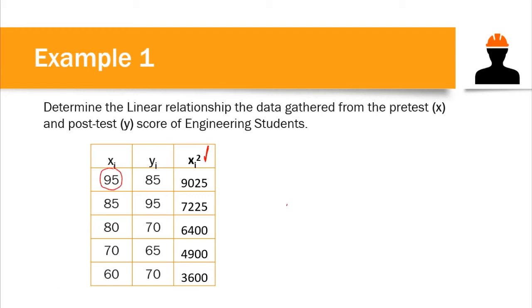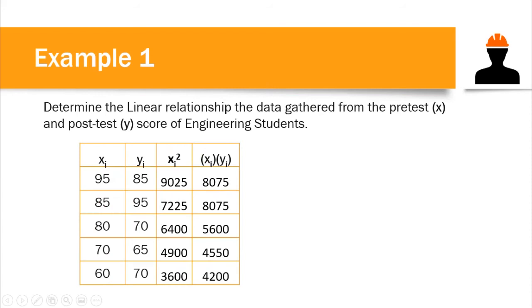The square of 95 is 9025. The square of 85 is 7225. The square of 80 is 6400. The square of 70 is 4900. The square of 60 is 3600. So we squared all the data from the variable x.